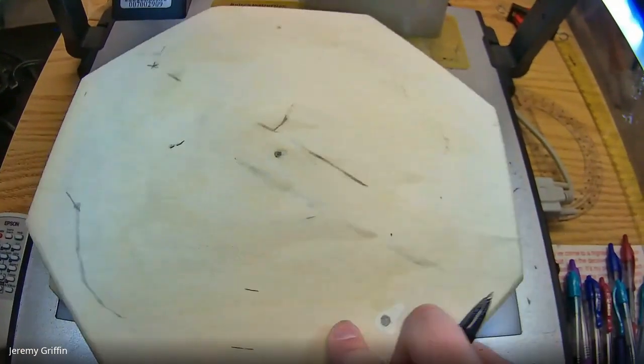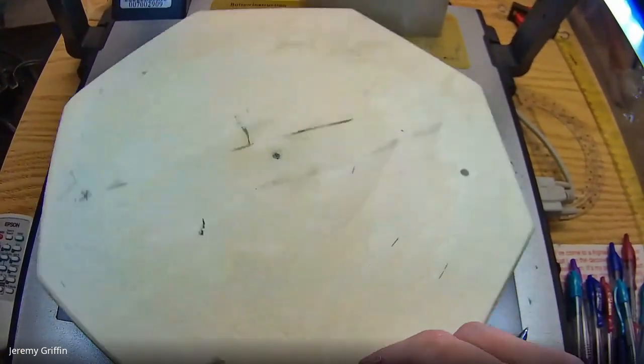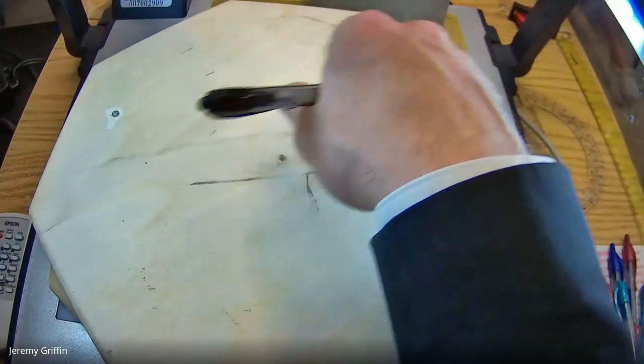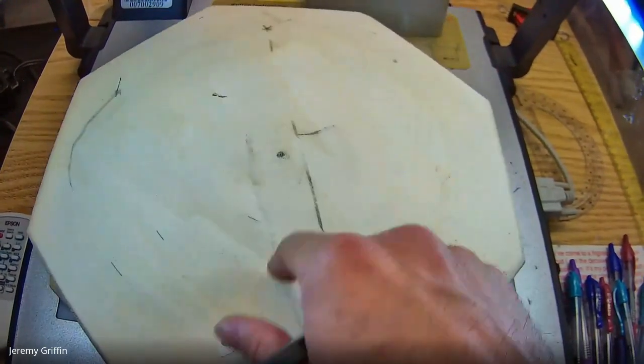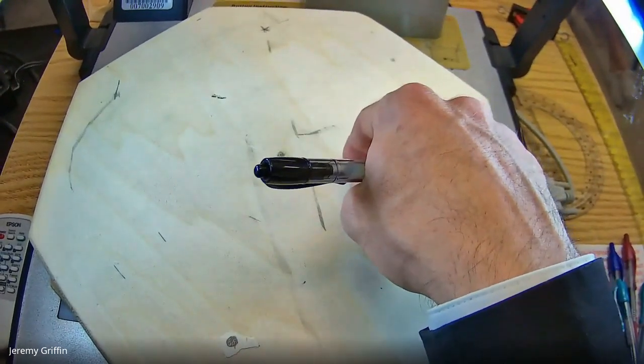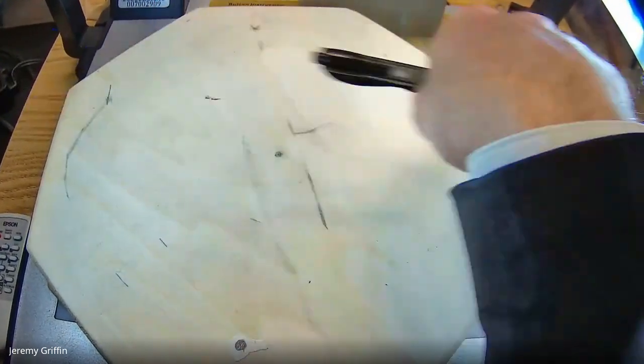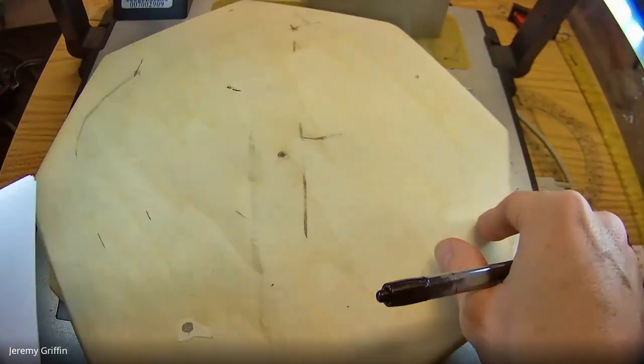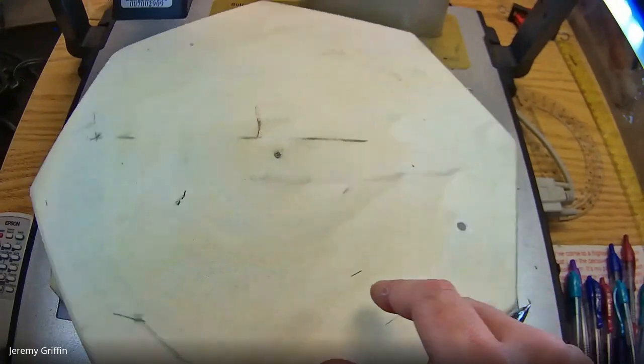If I rotate this platform, there's a lot of 1/2 mv squared going on, but it's a different v for different points on this turntable. This point has 1/2 mv squared, this point, this point, this point. If I broke this into a billion different points, I could sum up all the 1/2 mv squared. But they all have a different v. But you know what? They all have the same omega.